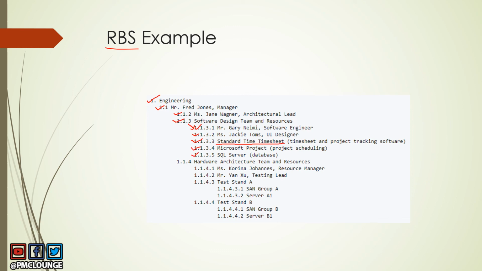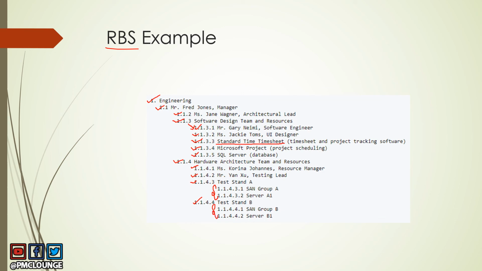You've got SQL Server, which is a server of sorts, a database, and then you've got another hierarchy under Fred Jones itself. You've got hardware architecture team and resources. These are the names of the folks. And then you've got test stand A, so this is the environment for test stand A. Then you've got test stand B, this is the environment for test stand B, right?